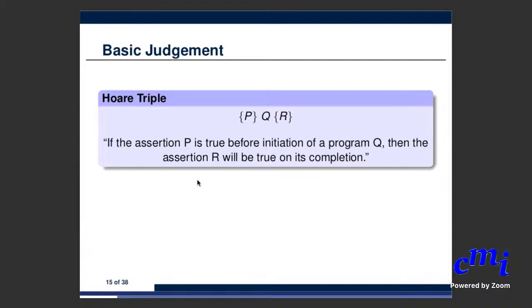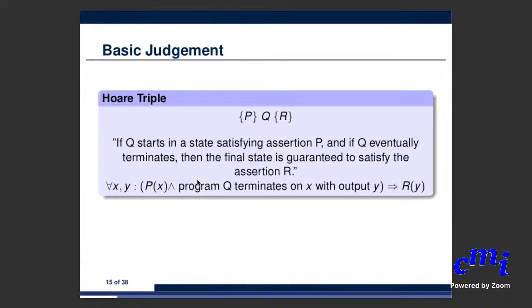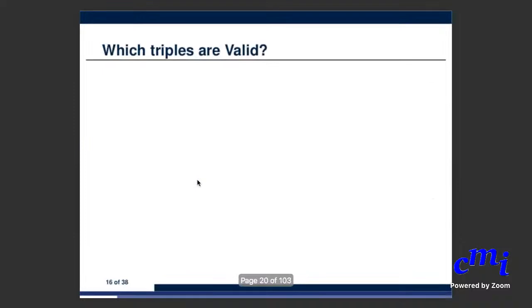For every x, y, such that P(x) holds and the program Q terminates on x with output y, then R(y) will be true. So if this is a non-terminating program, this is trivially true, okay? Then it doesn't matter. So keep note of that, for partial correctness does not address termination.